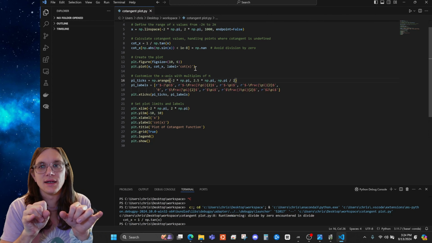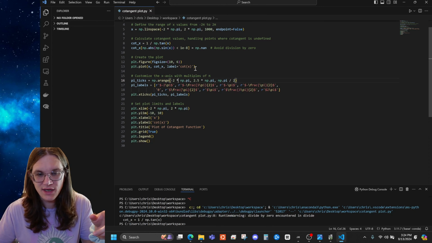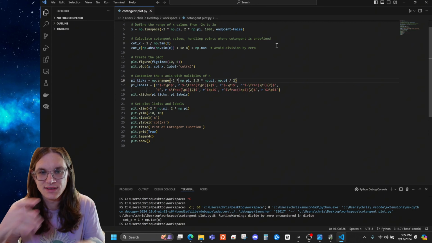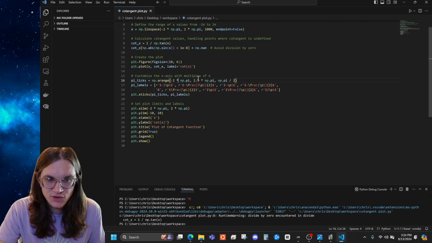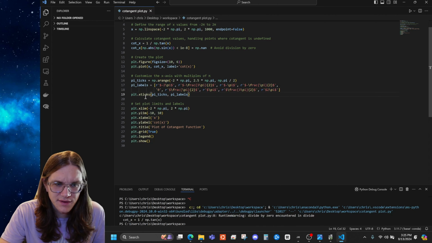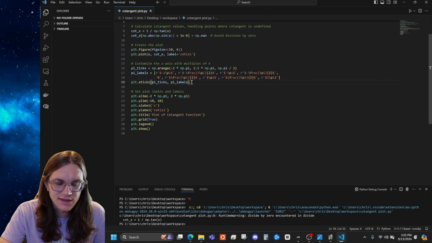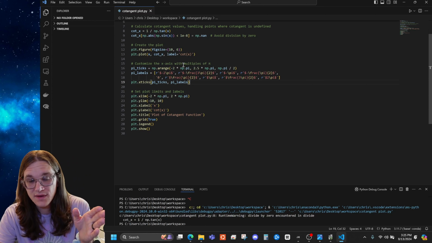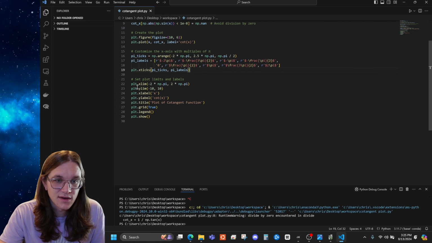So it'll make all the ticks in between line up equally spaced to make sense with the values -2 pi and pi over 2. And then this is just labeling them. You don't have to worry about a lot of this, and then xticks is setting those ticks, setting what the values of the ticks are and what the labels on the ticks are.